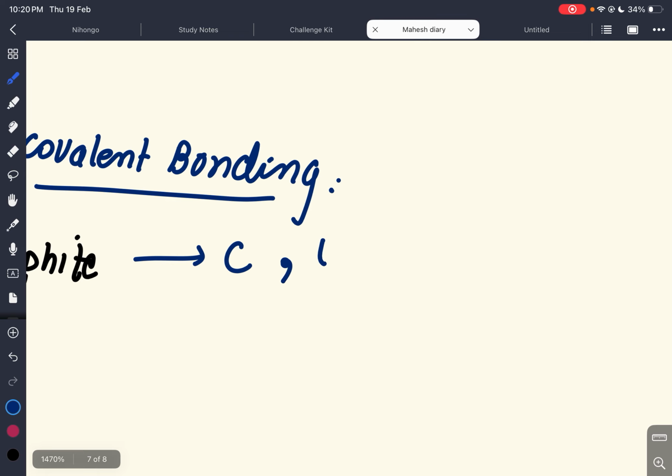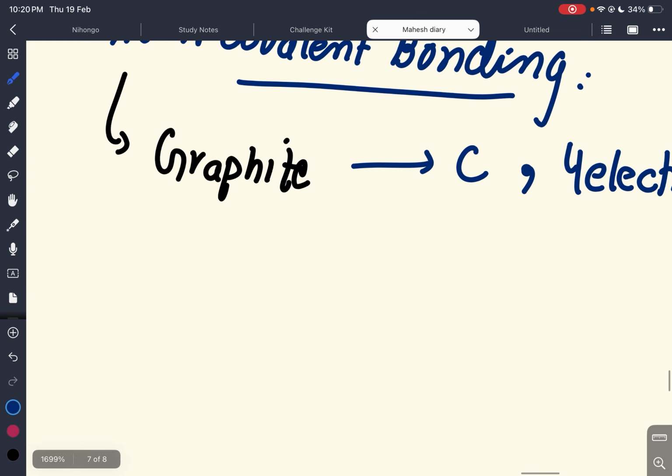Carbon has 4 electrons in its outermost shell, and it cannot actually afford to make 4 bonds, because according to the rules we have learned, it's not allowed, it's not possible. So what carbon does is that it makes bonds, but it leaves 1 electron.